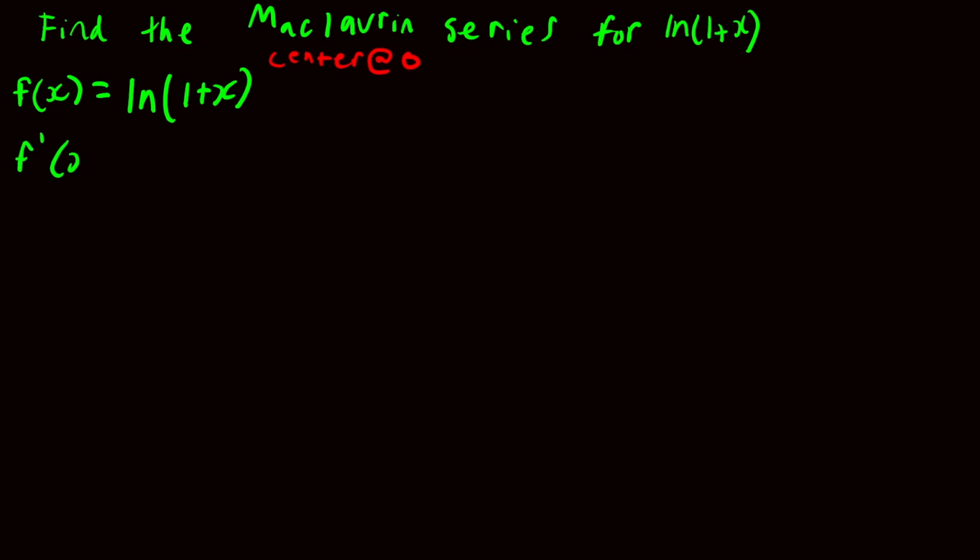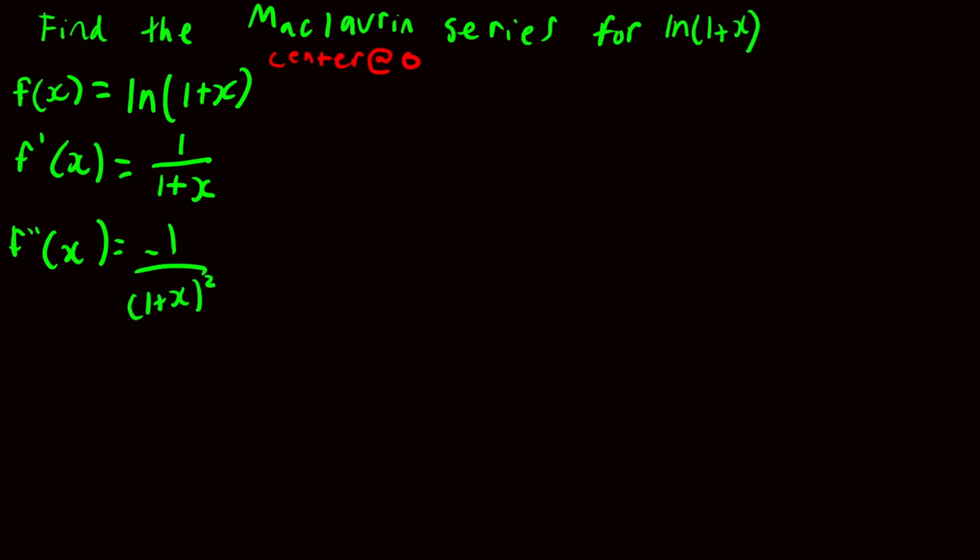Alright, so now let's start finding our derivatives. F prime of x. You guys are going to need to use a little bit of chain rule. 1 over 1 plus x. Now f double prime of x is going to be negative 1 over 1 plus x squared. F triple prime of x, so the third derivative, is going to be 2 over 1 plus x all cubed.